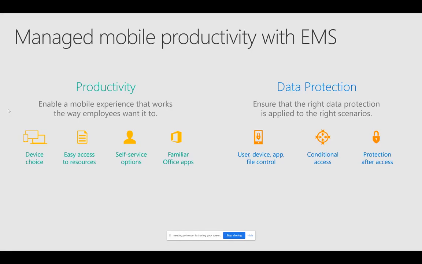But maybe if you're trying to access it outside the country, then the data access should not be allowed. So these kinds of conditional access policies are also what we need to set. Again, this is one of the most powerful and simplified solutions you have for defining the access of your data, of your devices, of your applications across all platforms.